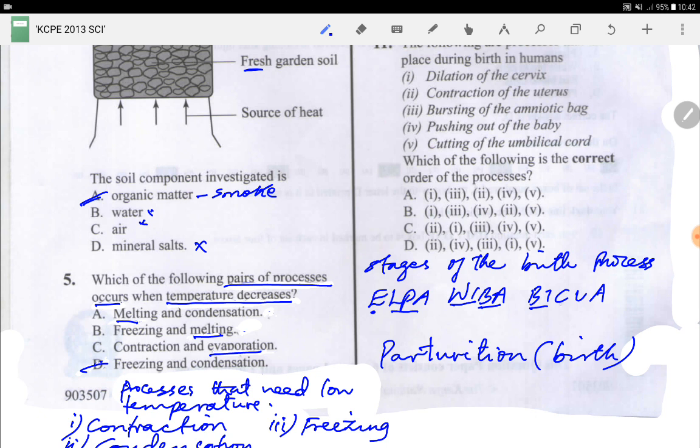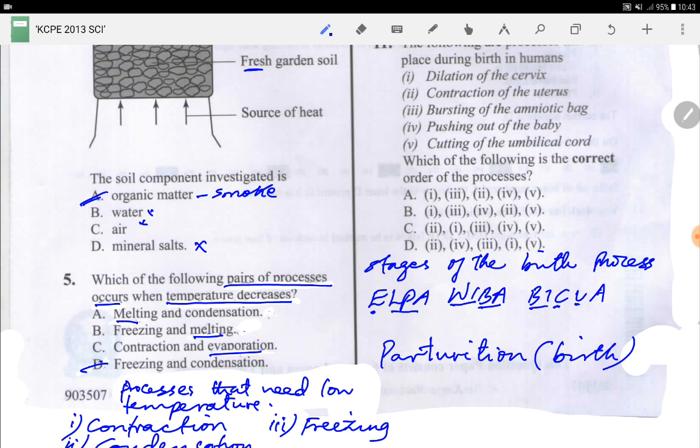Now after the baby has come out, the next thing that should be done is to cut the umbilical cord. So CU stands for cutting of umbilical cord. Before the umbilical cord is cut, it has to be tied. The purpose of tying the umbilical cord is to minimize excessive loss of blood from both the mother and the baby.